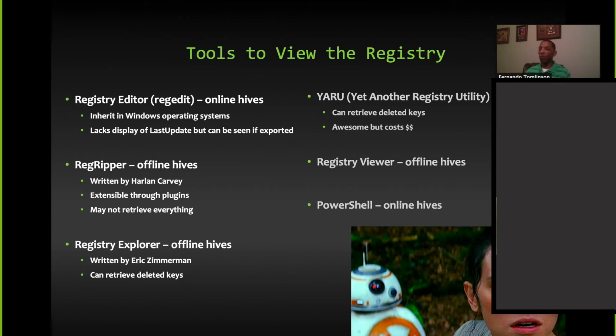Maybe I'm doing stuff in the registry, and I'm trying to clean myself up, and I delete my artifact. Well, when I utilize something like Registry Explorer, I can see those keys being deleted, and we actually have a slide coming up showing that. We have Yaru, yet another registry utility, and it also can retrieve deleted keys. It's a phenomenal tool, very rich in features, but it costs money.